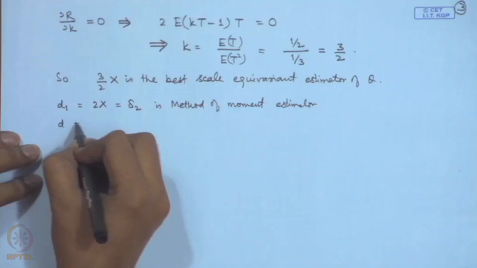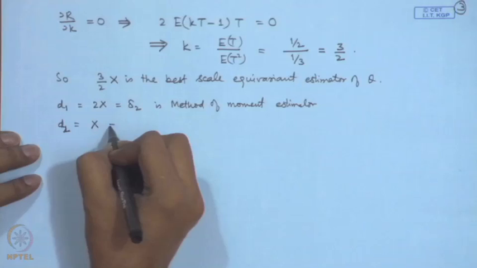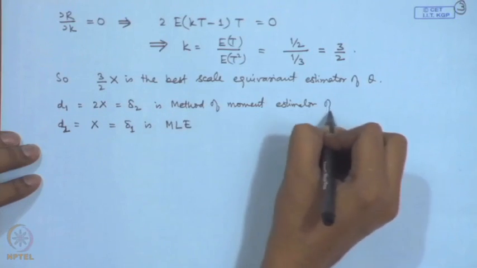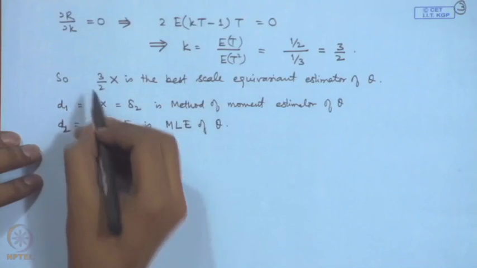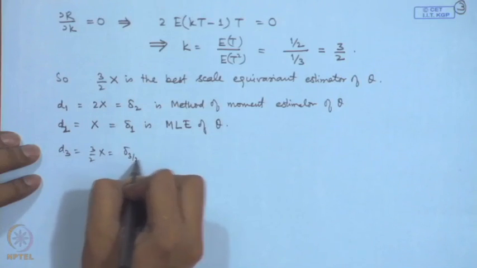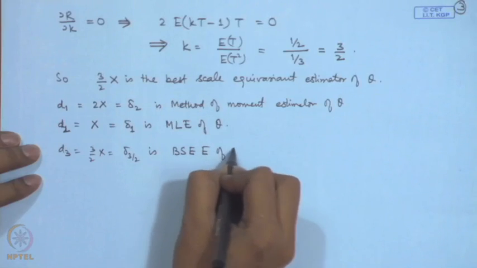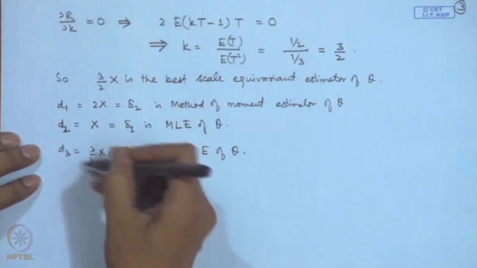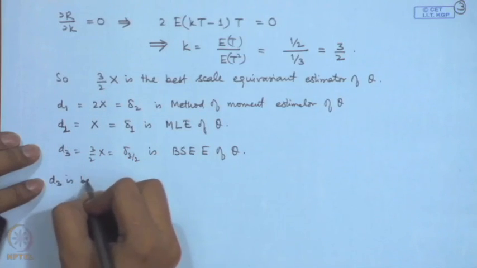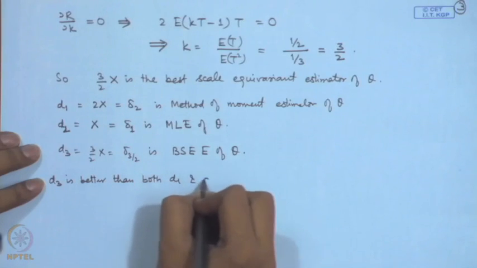And d 2, that is equal to x, that is delta 1, is the maximum likelihood estimator of theta, and this is d 3, that is equal to 3 by 2 x, that is actually delta 3 by 2. This is the best scale equivariant estimator of theta. Naturally, d 3 is better than both d 1 and d 2.